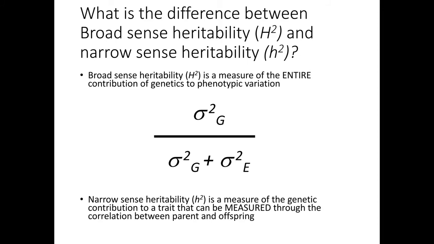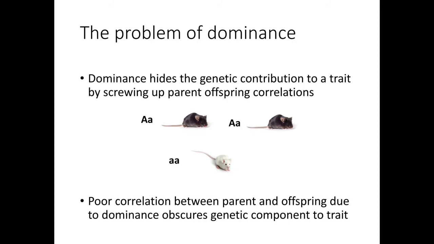It shows up in the Breeder's equation because the Breeder's equation provides a relationship between selected parents and the phenotype of the offspring. So, why are we making this distinction between broad and narrow sense heritability? To explain that, I need to explain something called the problem of dominance.